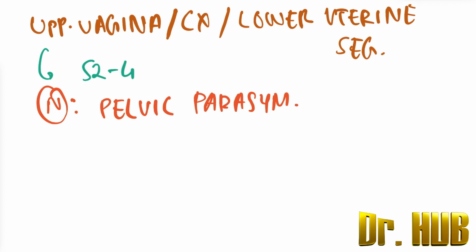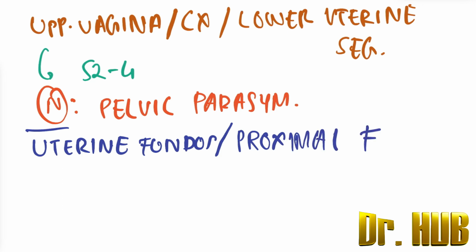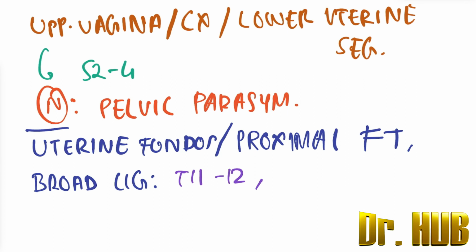Then we move on to the uterus, the uterine fundus, and the proximal fallopian tubes, as well as the broad ligament. For all of these, the spinal segments involved are T11 to T12 as well as L1.